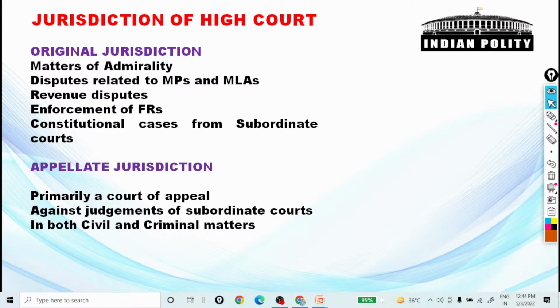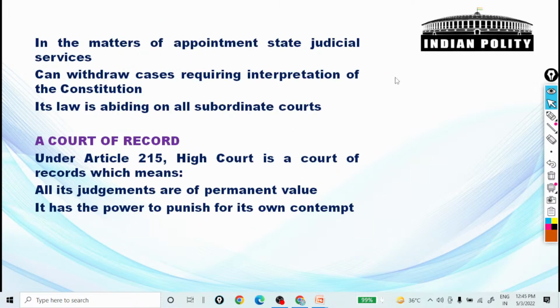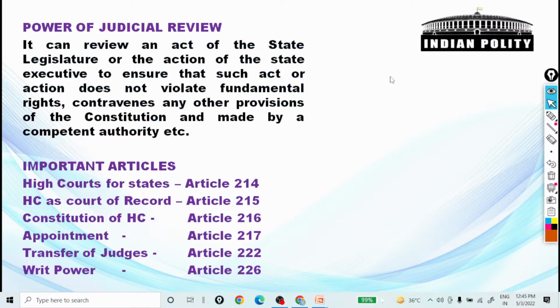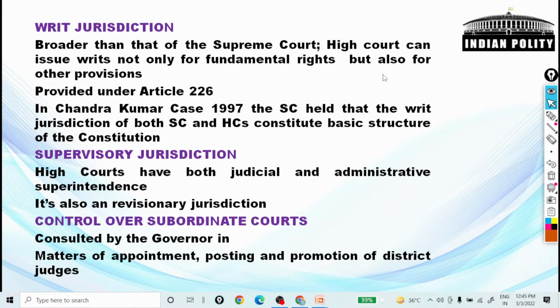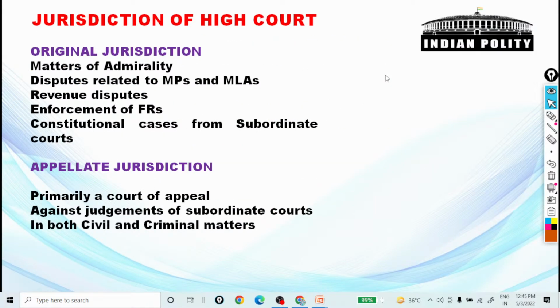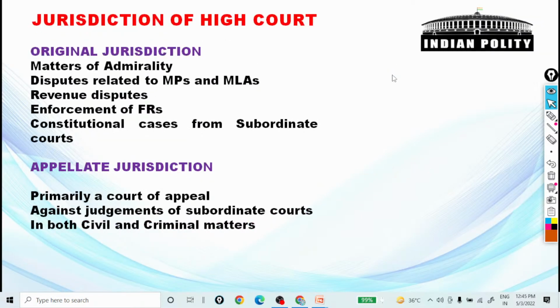Then the power of judicial review is also there. So there are about eight jurisdictions, the court of record is also there, and the revisory jurisdiction is also there.